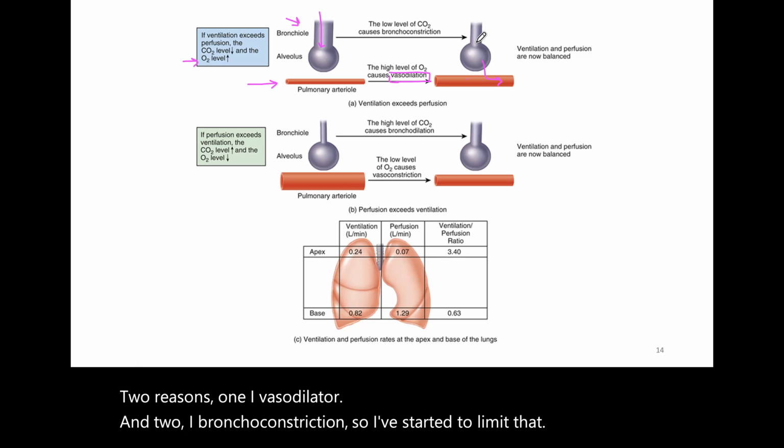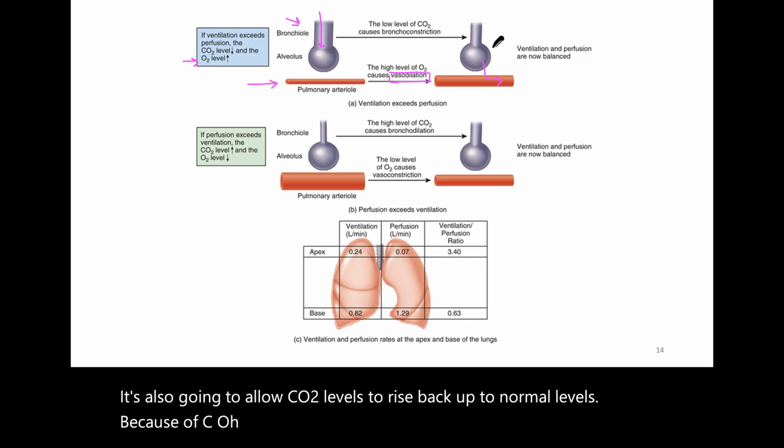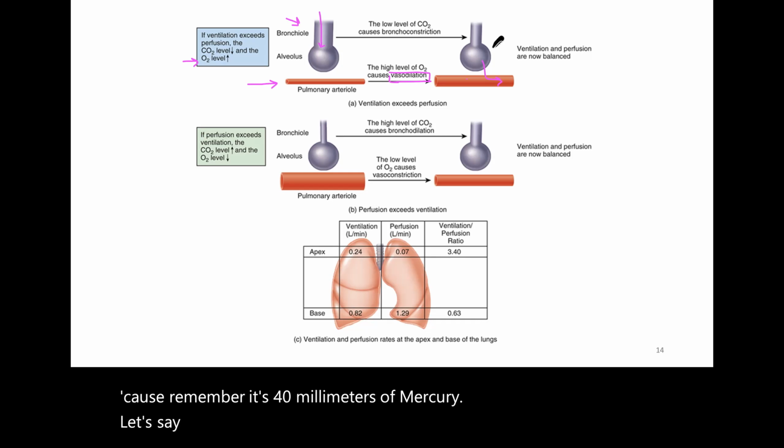It's also going to allow CO2 levels to rise back up to normal levels. Because if CO2 levels are rising within the alveolus, because remember it's 40 millimeters of mercury, let's say it rises to 43 millimeters of mercury. Blood is coming to it, right? And carbon dioxide is at 45 millimeters of mercury.